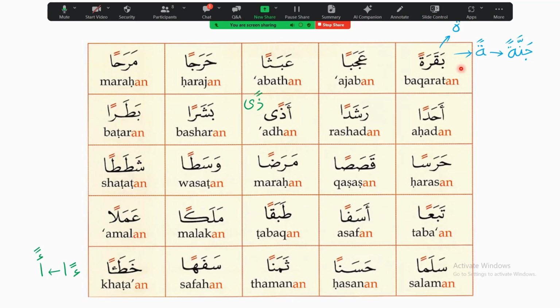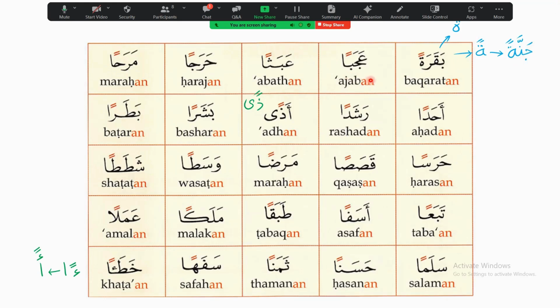So in all of the examples that you see in front of you, the tanween comes at the end. In baqaratan as well, the tanween is at the end on the round ta letter, right? And yes, the round ta is an exception, I just told you. After the round ta, you will not see an alif written. Just the way we did with jannatan, right?